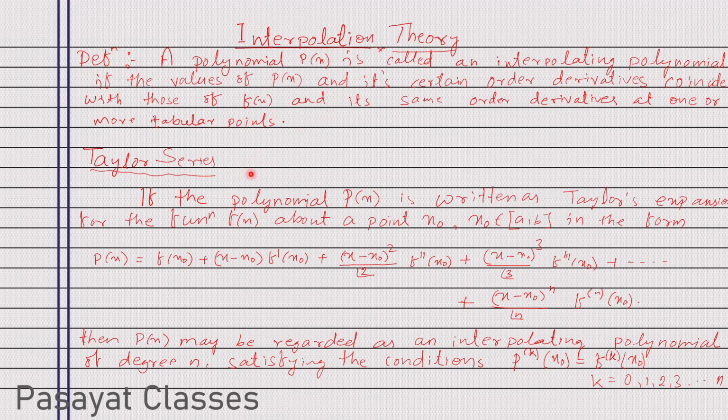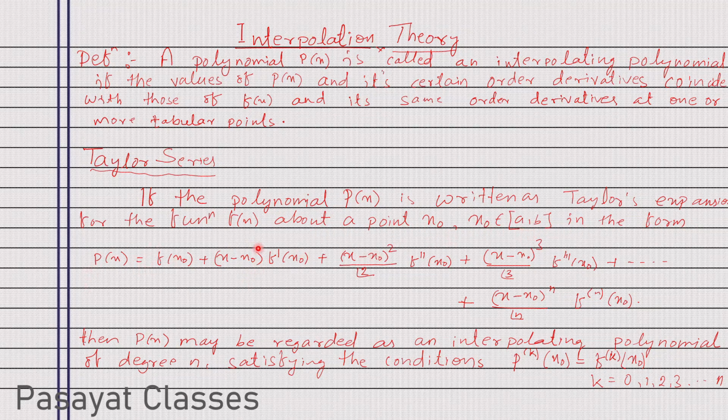Clear? Now before going to interpolation theory, there is an important polynomial called the Taylor series polynomial. It says that if the polynomial p(x) is written as the Taylor expansion for the function f(x), given a function f(x), we approximate f(x) in terms of p(x) by using the Taylor series about a point x0, and this x0 always belongs to the closed interval [a, b].